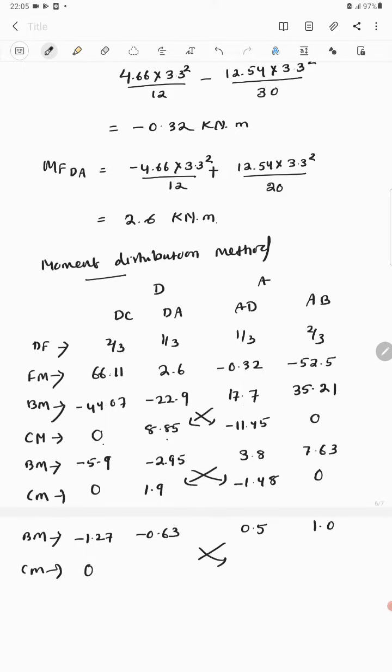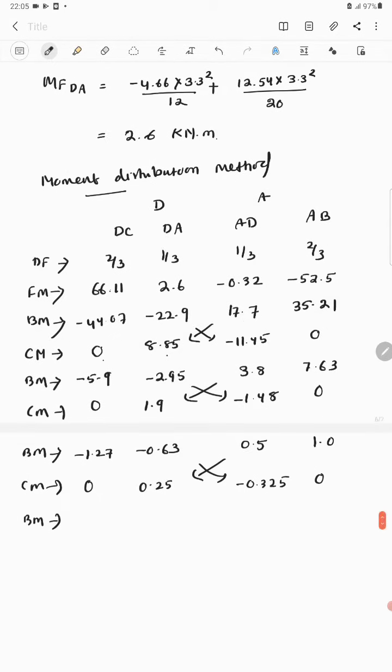Carryover moment, 0, 0.25, minus 0.325, 0. Balance moment: minus 0.17, minus 0.08, 0.11, 0.22.